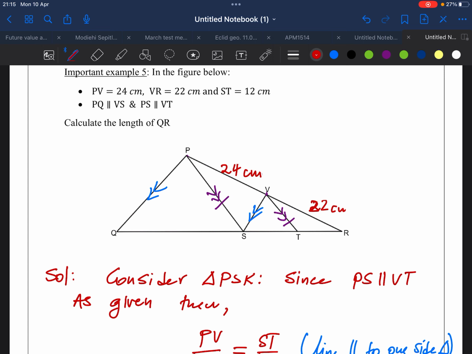So PR, let us check. Where's our PR? PR over what? Over VR. You remember our corollaries. So PR over VR. So whatever you have done on the upper side, you will have to do on your lower side.